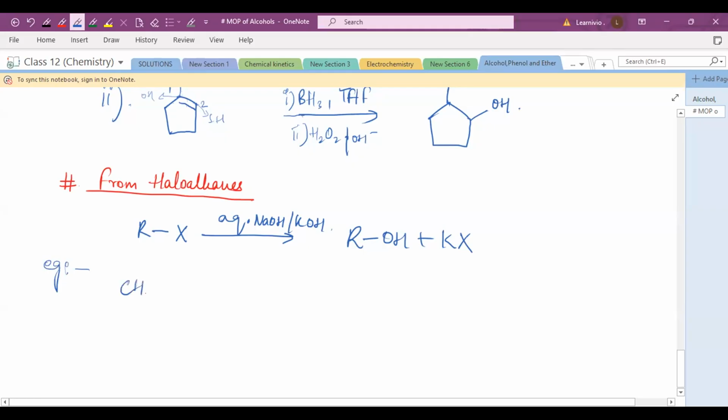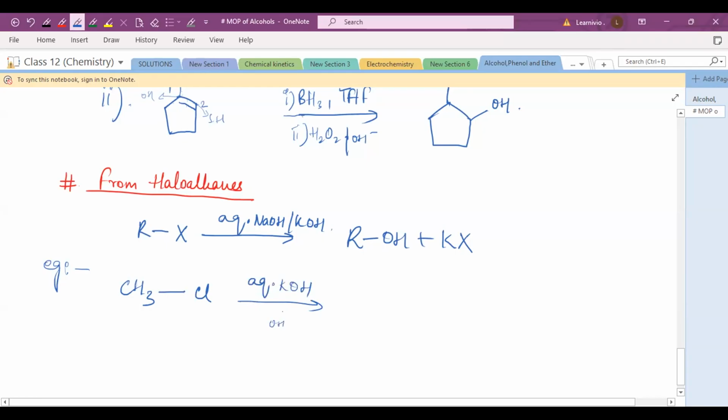Now, for example, if we have CH3, and tell me, Ahil, which type of reaction is it? It is an SN2 type of reaction. What will be its mechanism? This is a nucleophilic substitution reaction, right? Suppose this is CH3Cl, and in the presence of aqueous KOH, what will happen?